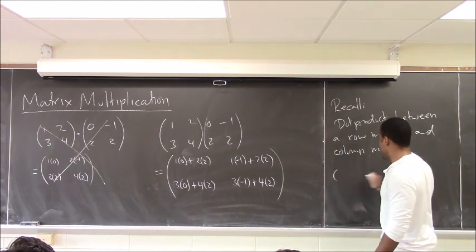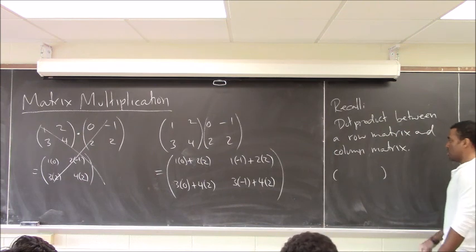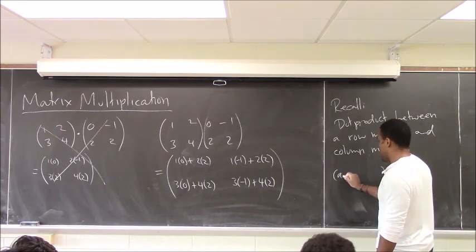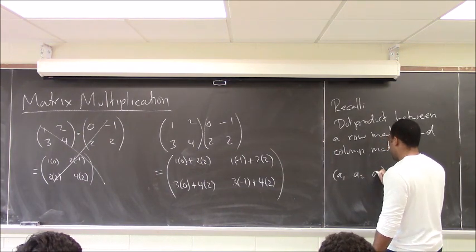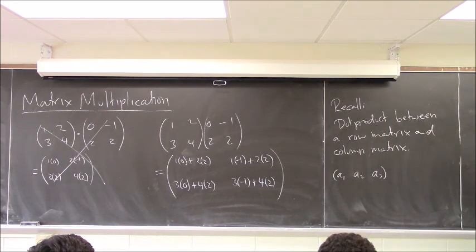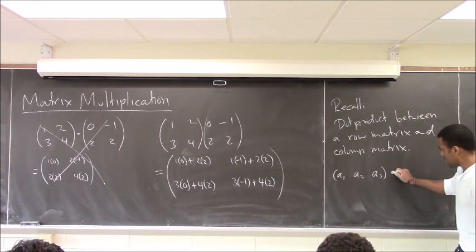So let's say I have a matrix that just consists of one row. Let's say it has elements A1, A2, and A3 in it. I can call dot product that.